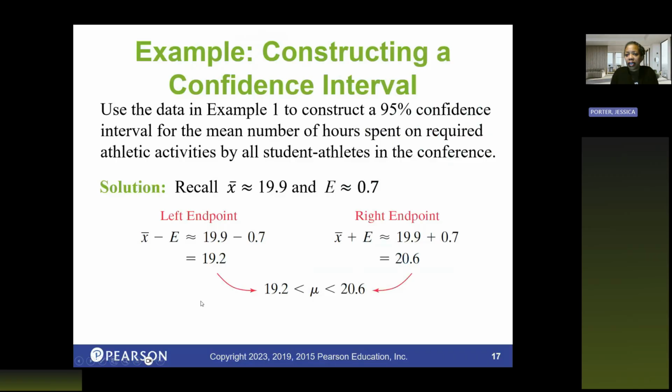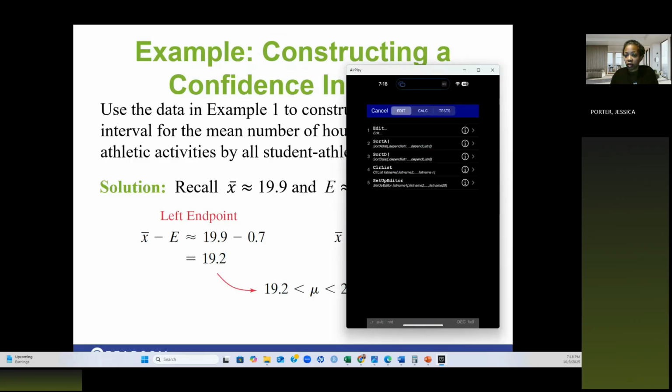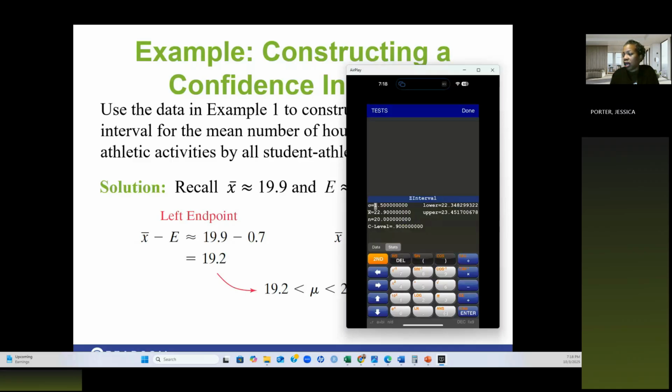Now, in the calculator, we're going to go stat, tests, and Z interval. And I'm going to put in this information from this problem. So we have standard deviation was 2.4. The X bar was 19.9. N was 40.